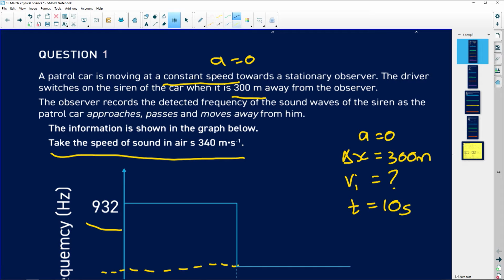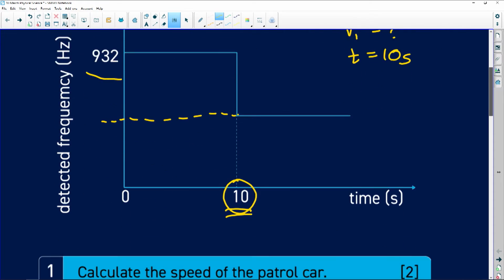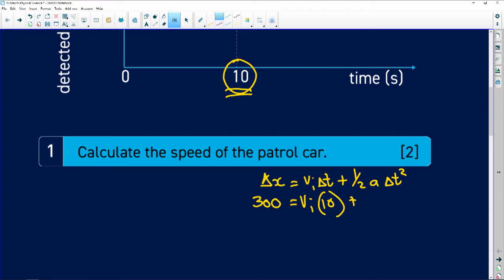Now we're going to write out our equation of motion. Delta x equals vi delta t plus a half a delta t squared. Delta x was 300 meters, v initial is what I'm wanting, the time was 10 seconds, plus a half times a, which was 0 because it was constant, and delta t was 10 squared.